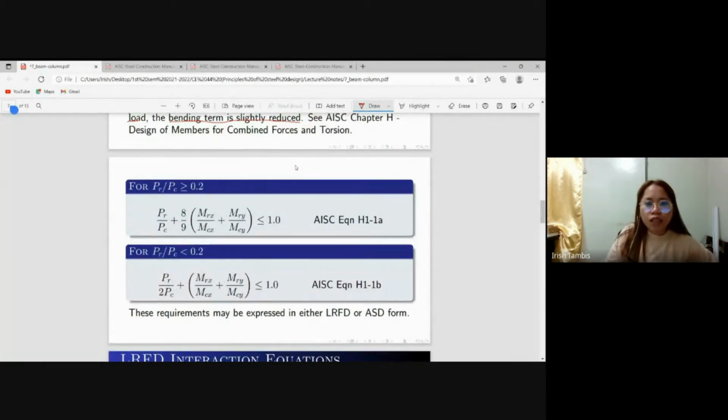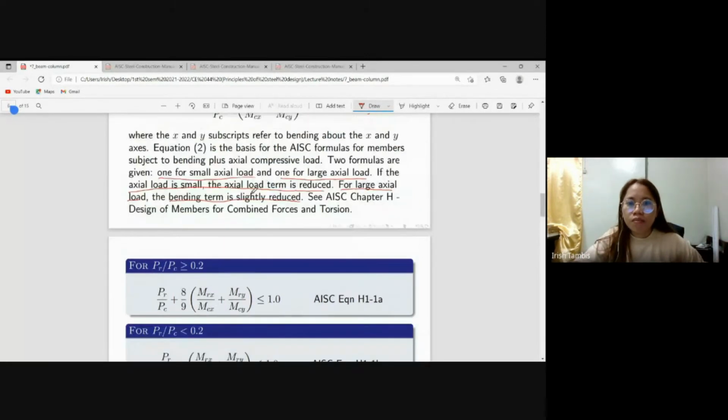For the ratio P sub R over P sub C, this is the required strength divided by the available strength. If this is greater than or equal to 0.2, meaning the axial term is large, no?